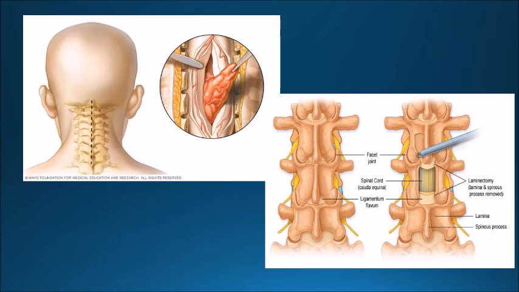If the lesion is intradural extramedullary, it is easier to excise because it is separated from the spinal cord, but the intramedullary spinal cord lesion takes more precise excision, and we usually go for microscopic removal of these lesions.